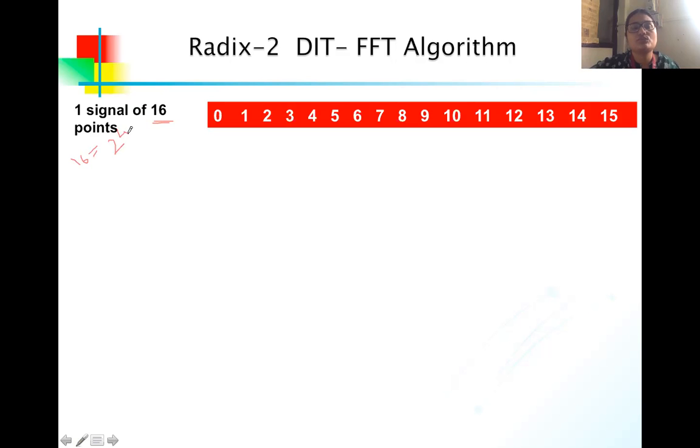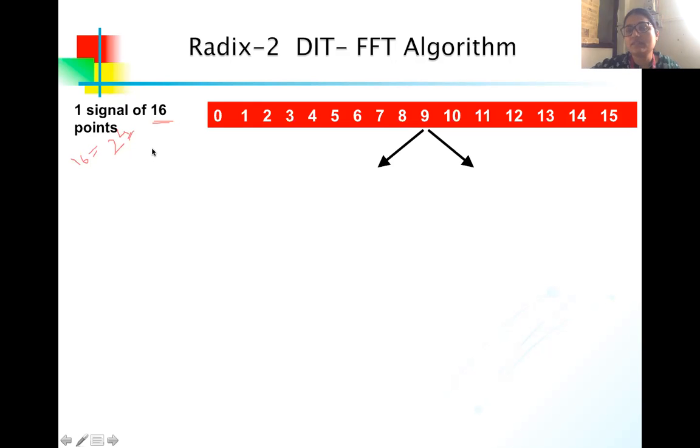In order to divide the entire sequence into 1-point signals, how many stages of computation am I supposed to perform? That is represented here by 2 raised to 4. So 4 different stages will have to be applied in order to divide the entire sequence into single point sequences.